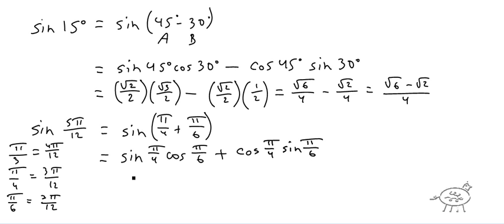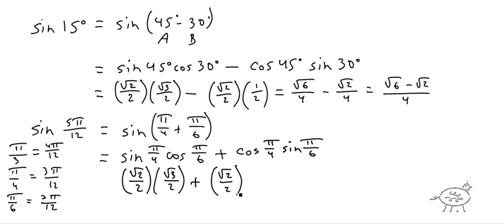So we figure out these values. We get square root of 2 over 2. Cosine of pi over 6 is square root of 3 over 2, plus square root of 2 over 2 and 1/2.